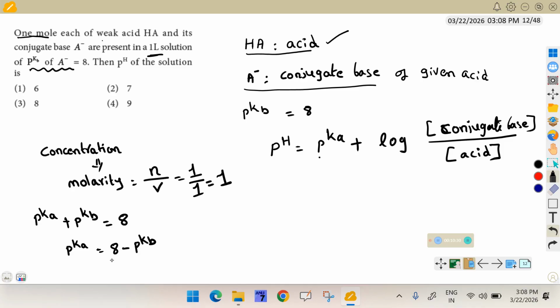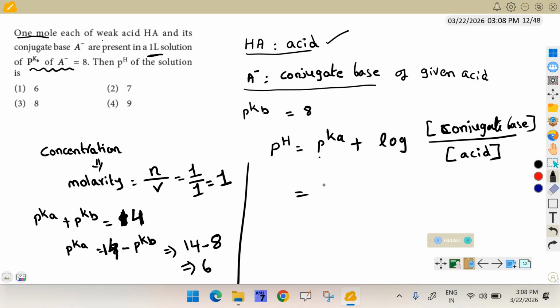How to calculate pKa? pKa plus pKb is equal to 14. Then pKa is equal to 14 minus pKb, that is 14 minus the pKb value, which is 8. 14 minus 8 is equal to 6.